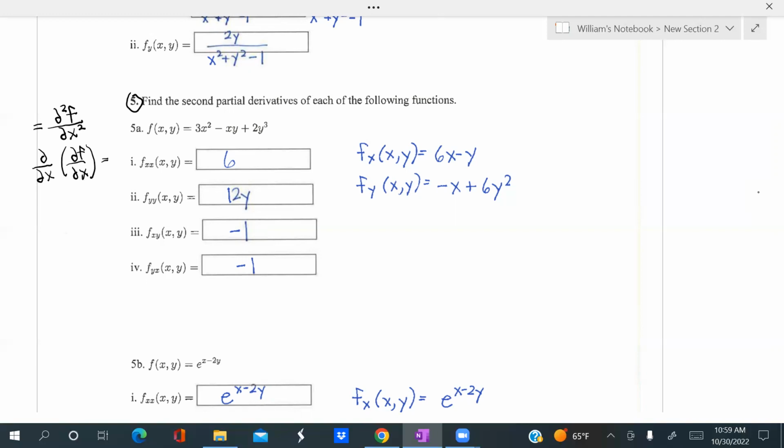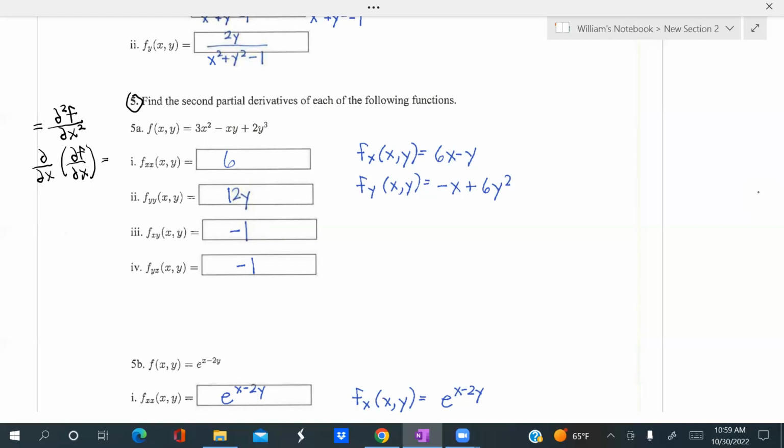All right, so that's just a little aside on notation. But actually, what is the expression that we get when we compute the second partial derivative with respect to x? Well, first we have to compute the first partial derivative with respect to x.